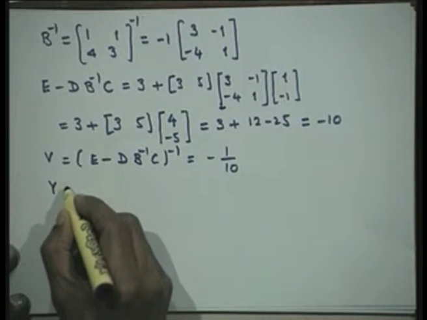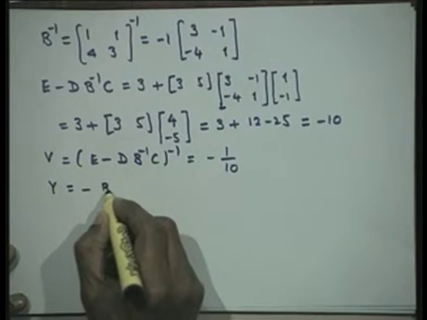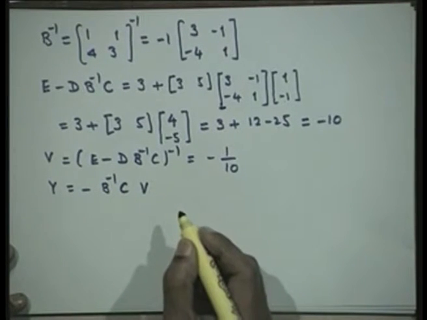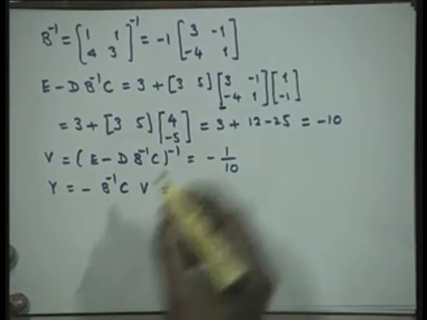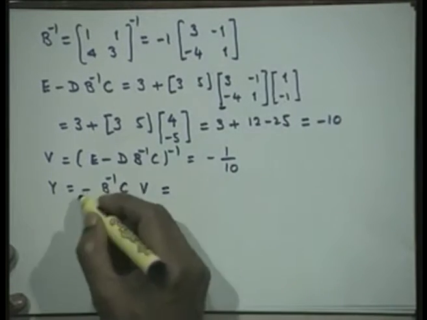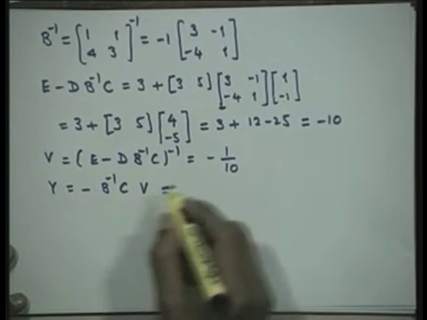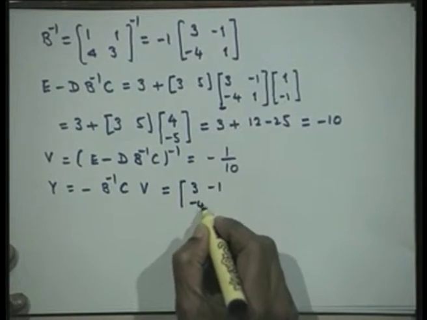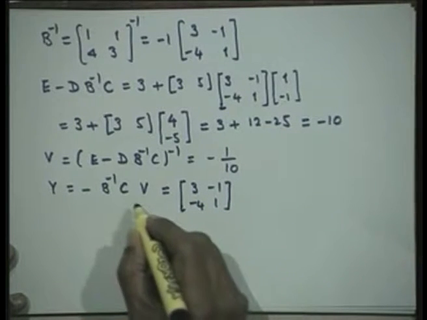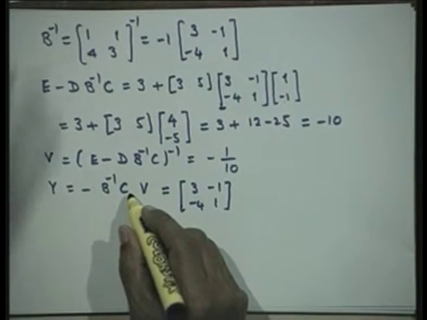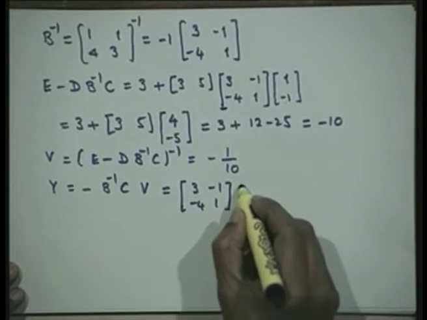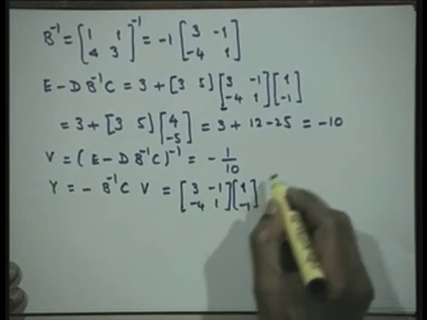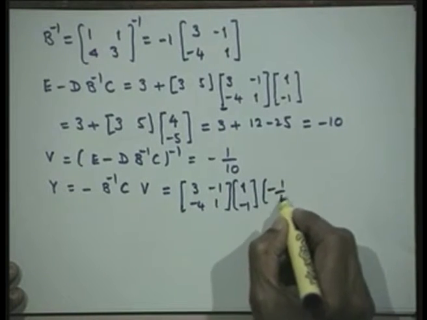Then we have shown that y is equal to minus B inverse C V. Now, let us substitute B inverse here. So, we can remove this minus sign as a plus sign. So, I will make this as 3 minus 1 minus 4 1, and C is the vector that we have here, 1 minus 1, into V, V is this minus 1 by 10.